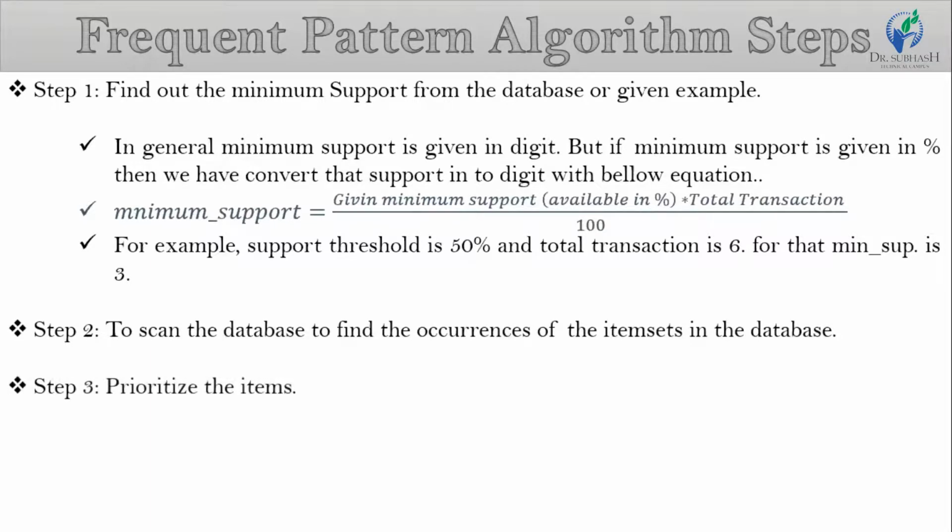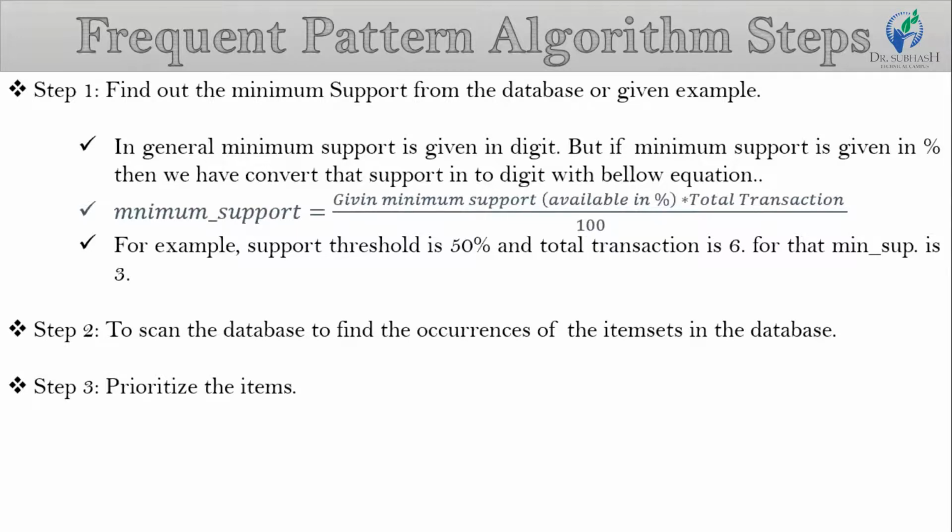Now, the next step is to prioritize the items. Means we have to give the priority of each item according to its frequency of occurrence. At the same time, we have opportunity to drop the items which do not fulfill the minimum support requirements.